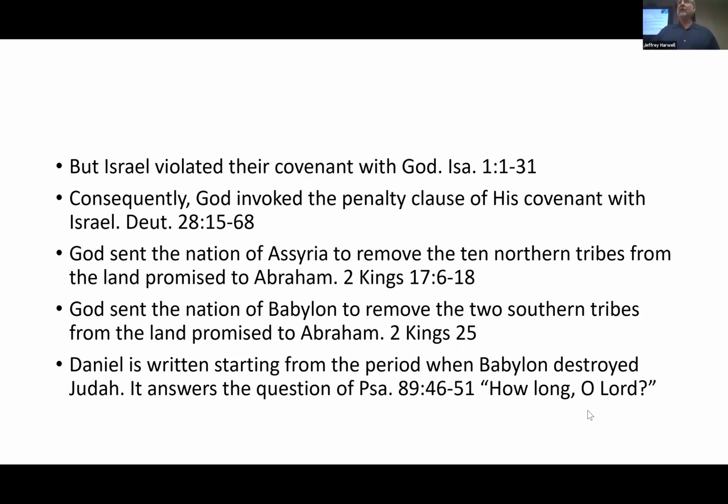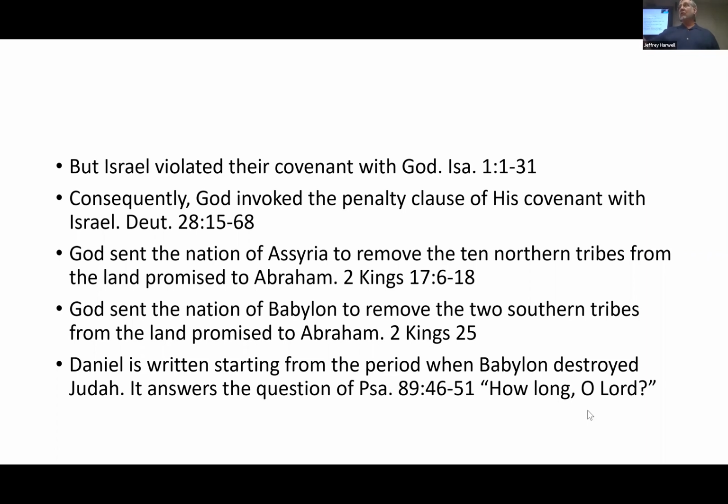Jesus refers to the prophet Daniel, and he says, as Daniel said, as Daniel spoke. Now, if you go on Wikipedia and look up the book of Daniel, you're going to see a confident statement that the book of Daniel was written about 150 BC, not 530 BC. That is based on the presupposition that prophecy is impossible.